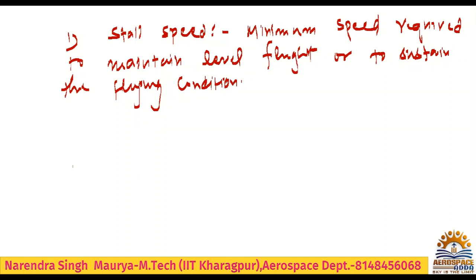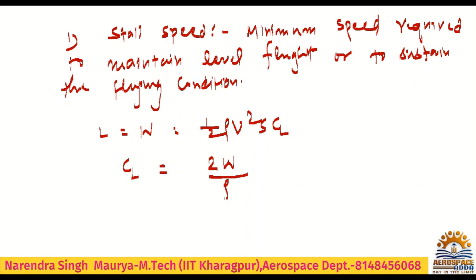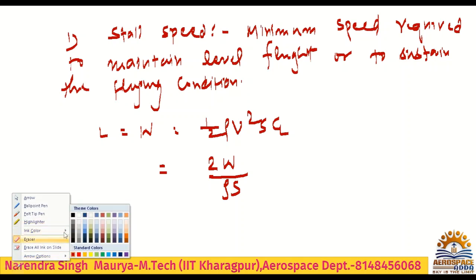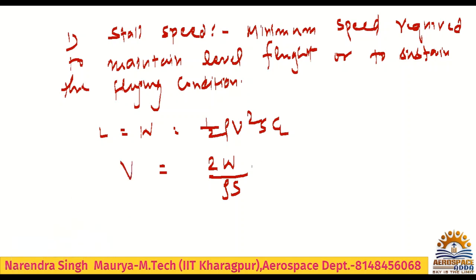You know that L is equal to W, half rho V square S into CL. This formula you know. So the velocity should be the square root of 2W divided by rho S CL.